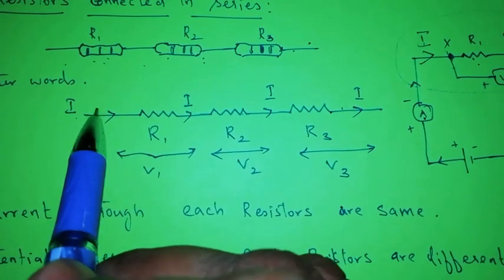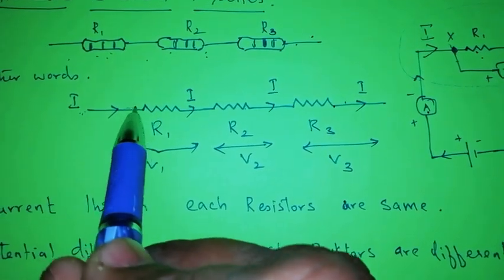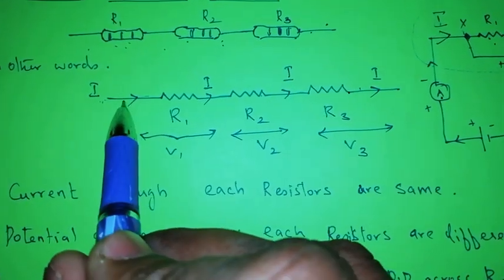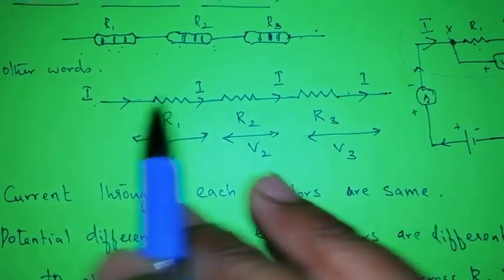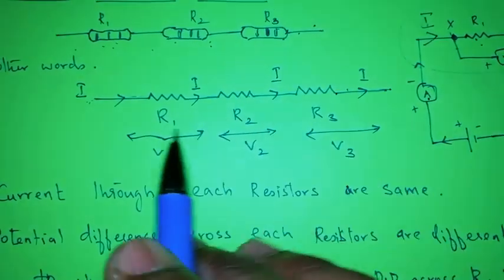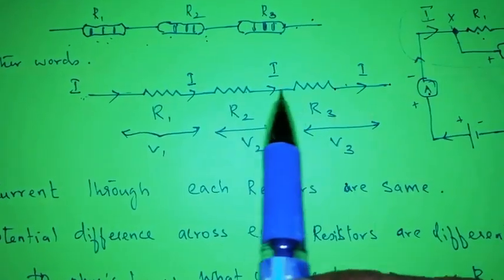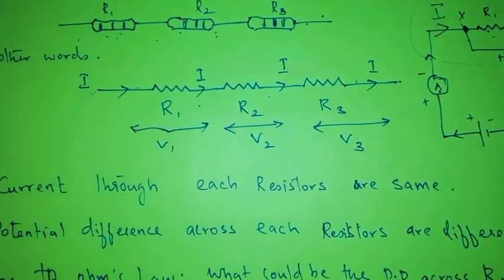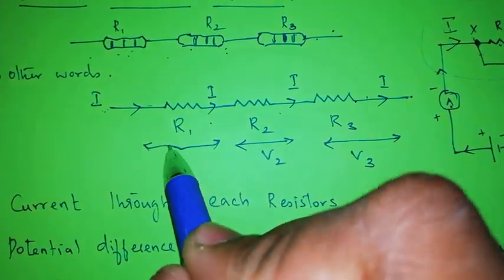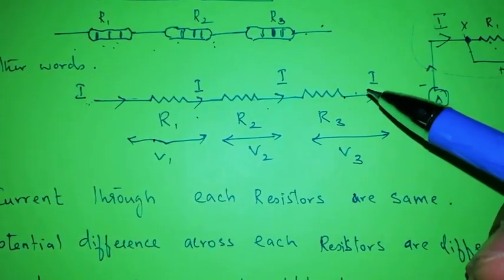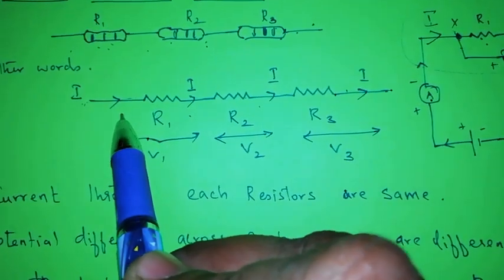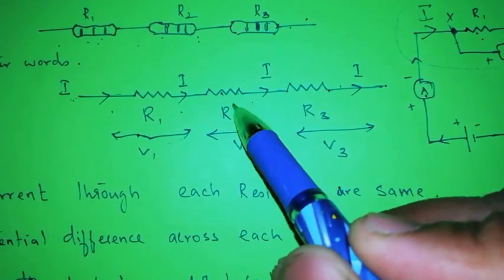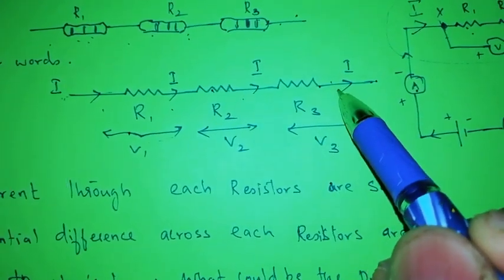The current flowing through these resistors is the same. There is no difference in the current, the same amount of current flows through R1, R2 and R3. But the potential difference, you know what potential difference is? The charge which is flowing from R1 to R2 to R3, right?